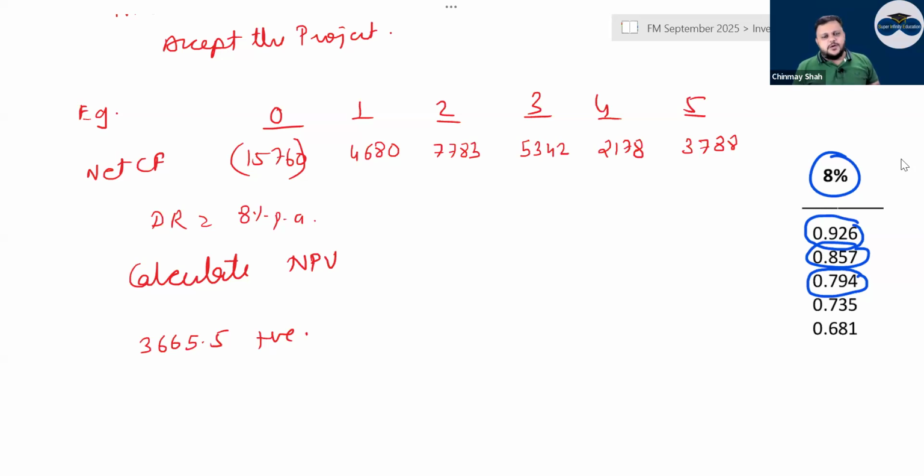When it is section A and B, MCQ style questions, the examiner will assume you are using which table? Discounting table. Discounting table has three what? Decimal points.